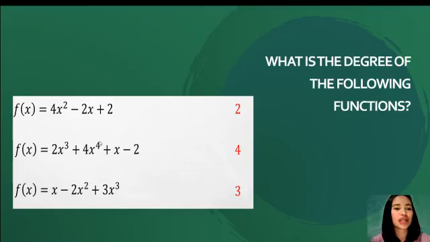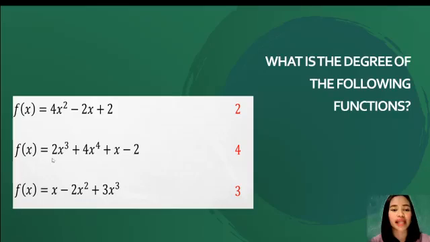Then the second one, we have f of x equals 2x cubed plus 4x to the 4th plus x minus 2. If we're going to write this in standard form, we need to take a look at the exponents. We arrange the terms based on the exponent in descending order. The term with the highest exponent is 4x to the 4th.